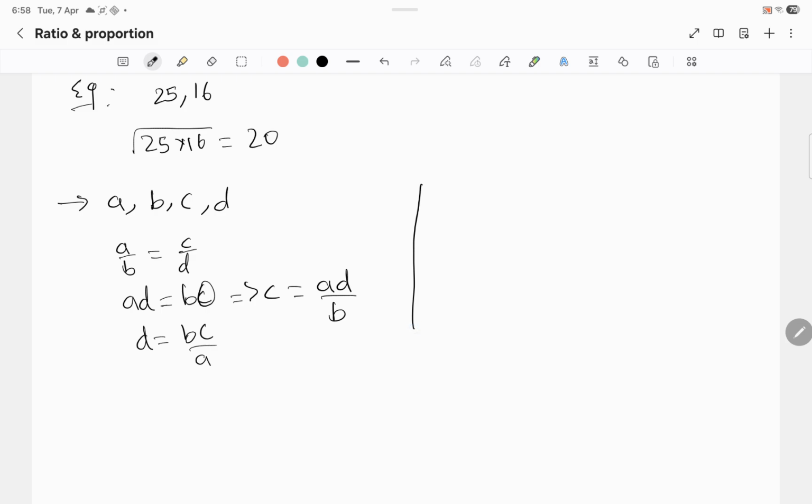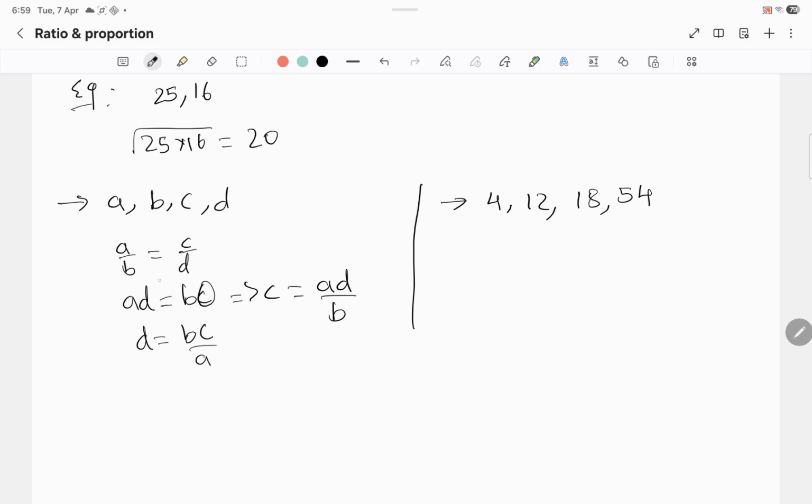Indirectly we can say, suppose I take 4 comma 12 comma 18 comma 54, are they in proportion or not?